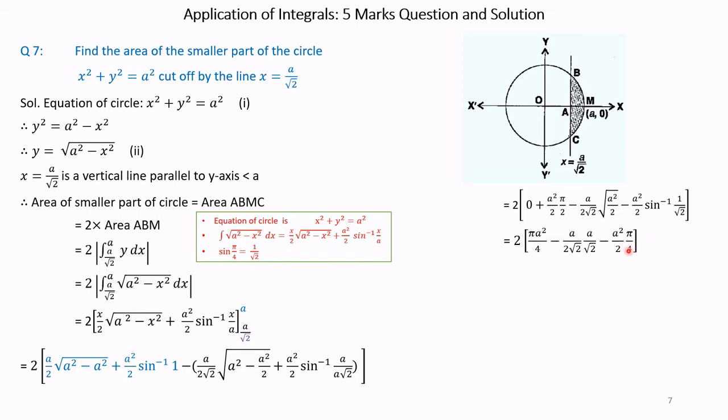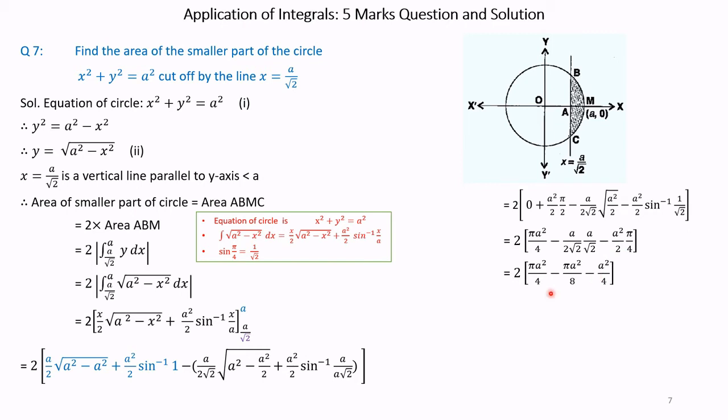That is equal to 2 into pi a square by 4 minus square root of a square, which is a into a is a square, to root 2 into root 2, 2 root 2 into root 2 minus simplifying a square by 2 into pi by 4. Sine inverse of 1 by root 2 is pi by 4.